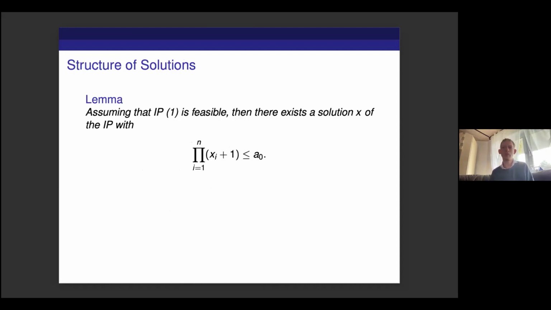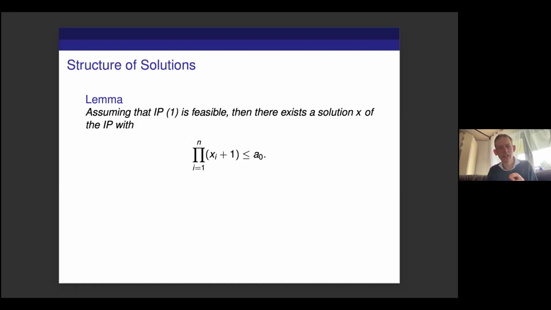And this is where we actually use results on the structure of solutions. So there was actually quite some research, more I think in the integer programming community, and what we use is some sparsity result.